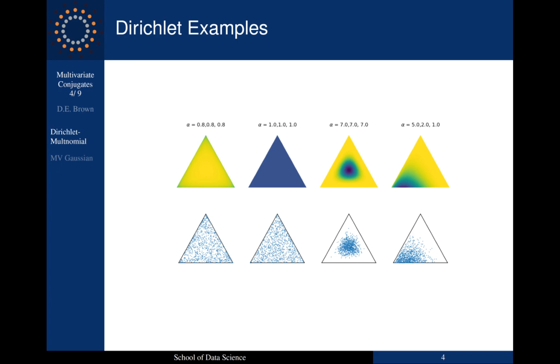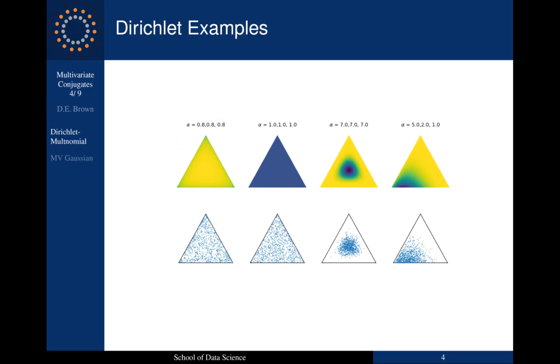The Dirichlet, as you may recall, is located on the simplex. So in 3 dimensions, that's an equilateral triangle. And it can take on a variety of different shapes, including this sort of bathtub shape on the simplex, which is when alpha is equal to 0.8, 0.8, 0.8, or some fraction like that.